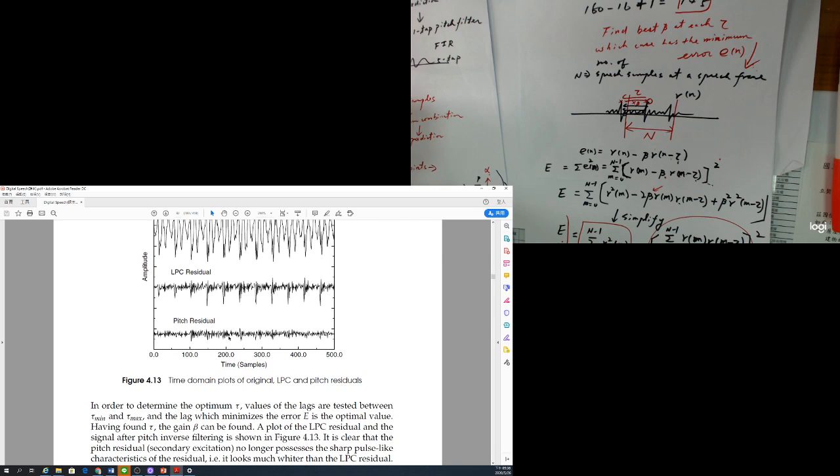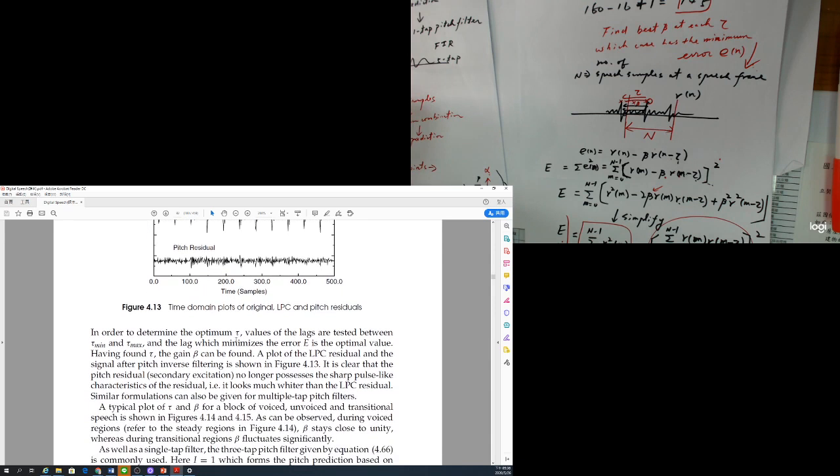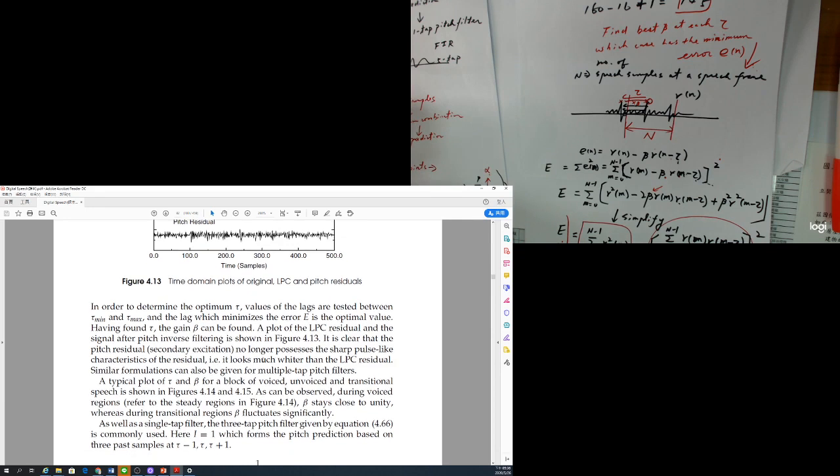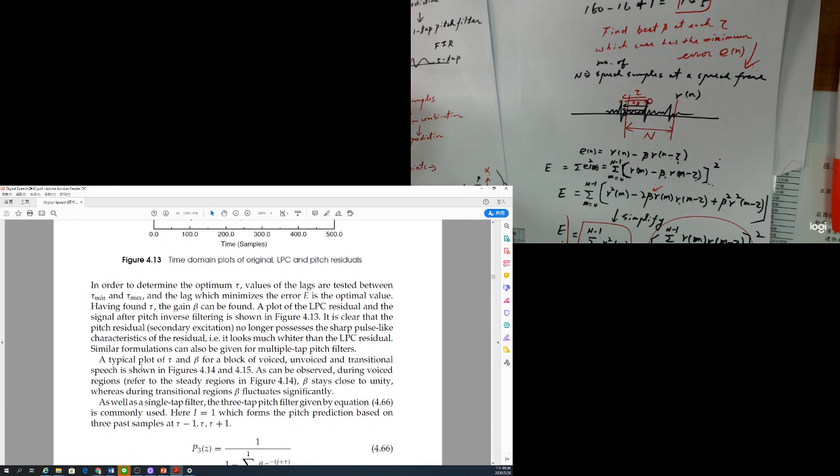The peak point is unclear. It no longer possesses the sharp pulse-like characteristic of the residue. So it looks much like white noise. So sometimes maybe it's not necessary to do further modeling.